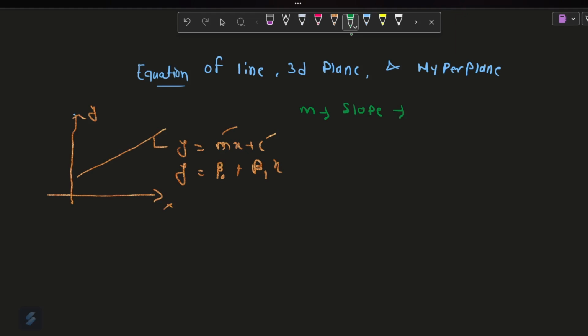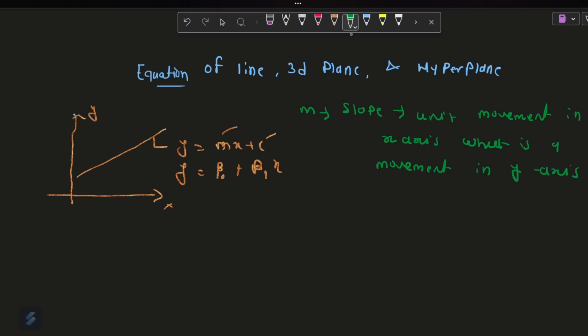Slope is basically the unit movement in the x-axis, and what is the movement in the y-axis? This is the simple concept of slope.